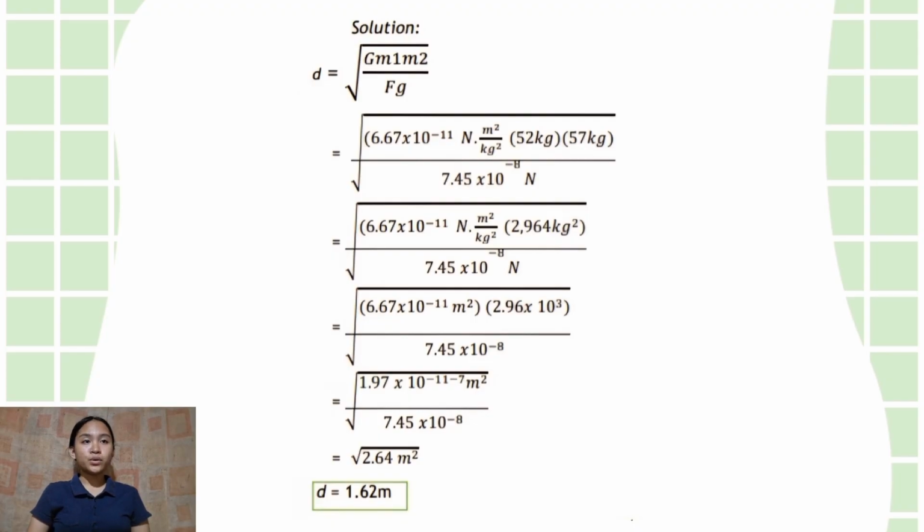Our m sub 1 is 52 kg and our m sub 2 is 57 kg over our F sub g, which is 7.45 times 10 raised to negative 8 Newton. So if we calculate all of that, we will get an answer of 1.62 meters. So our distance is 1.62 meters.